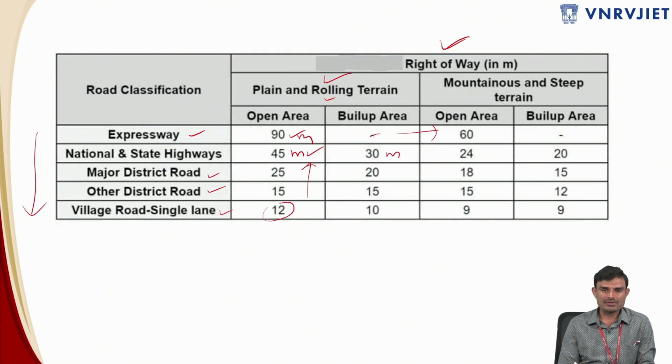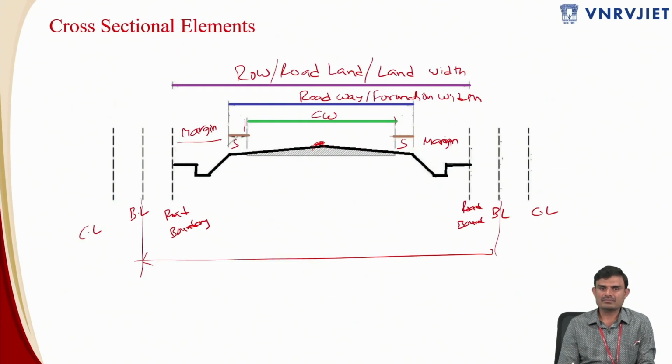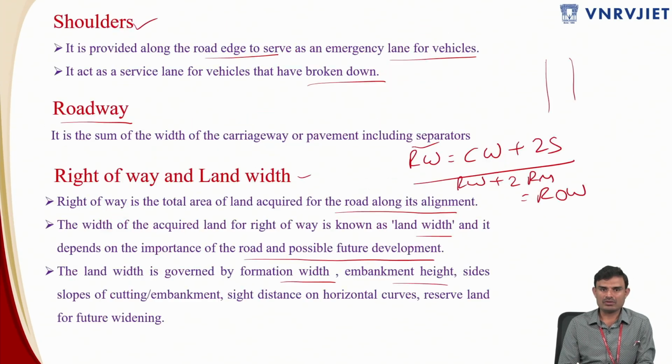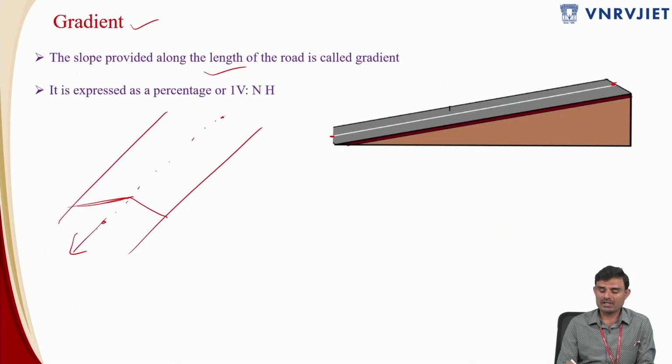So this you cannot see in the initial figure. Again, we cannot see gradient in this, but it will be perpendicular to this over here. But you can see over here, this is the gradient. When you are moving from point A to point B along the length of the road, you might be at the same level, or you can end up at a higher level or lower level compared to point A. If you are at a higher level, that is an ascending gradient.